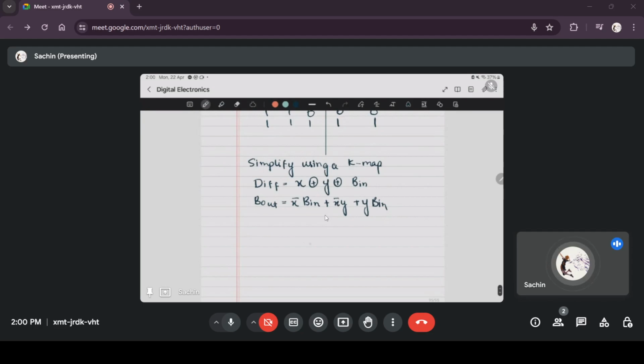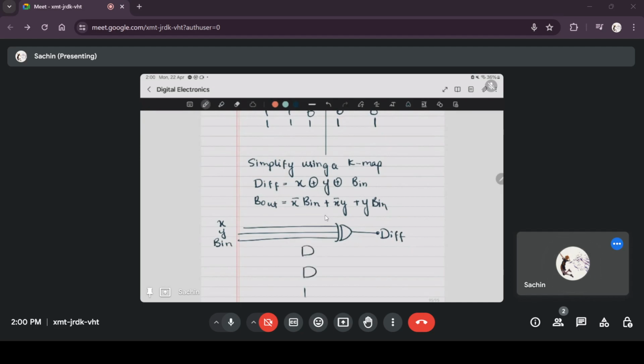And the circuit will be: the difference output is XOR of x, y and b in.